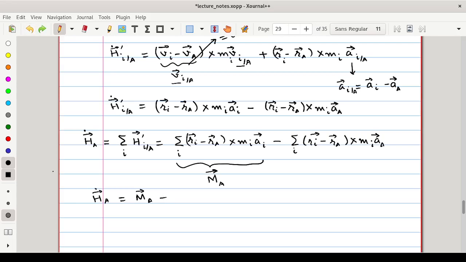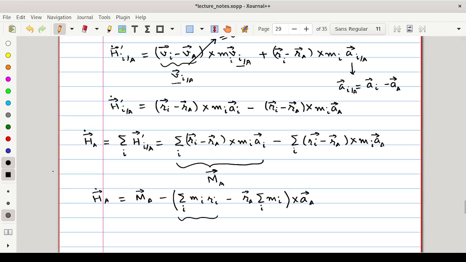When we expand this, we write it like this: summation over i of Mi Ri minus RA times summation of Mi, cross aA.